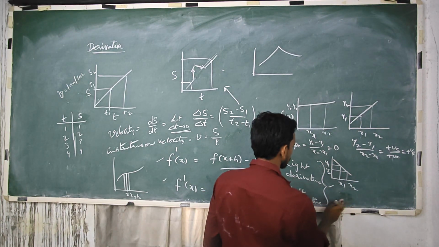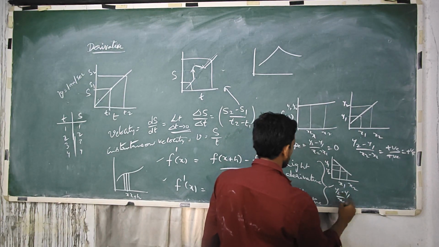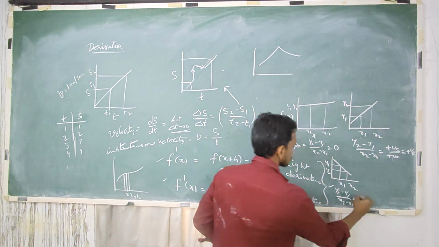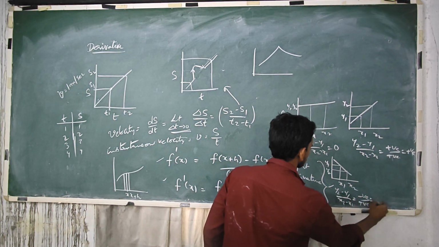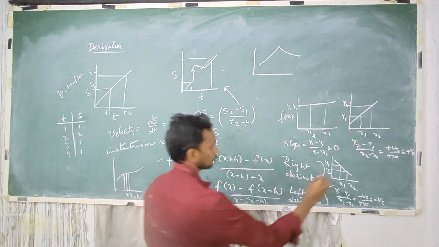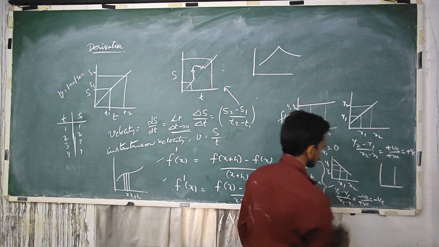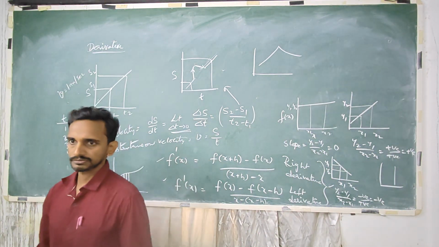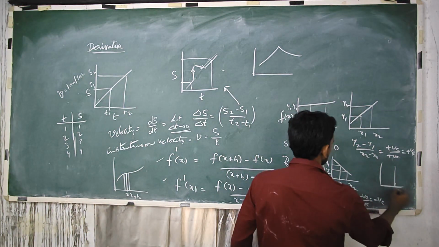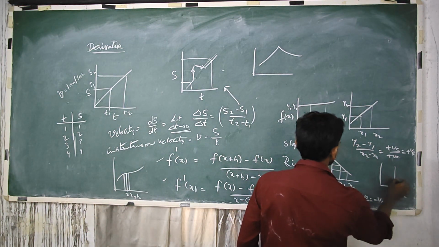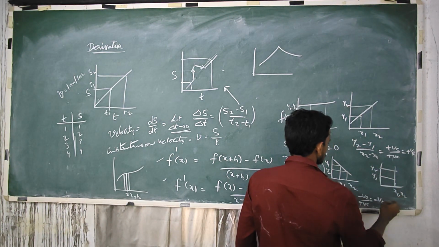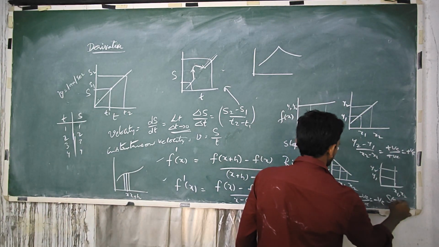So y2 minus y1 by x2 minus x1. So y2 minus y1 is negative, x2 minus x1 is positive. Overall slope is negative. And what if it is along y-axis? Infinity. So here both x1 and x2 fall at the same point, y1 and y2, let's say. So here slope is infinity.